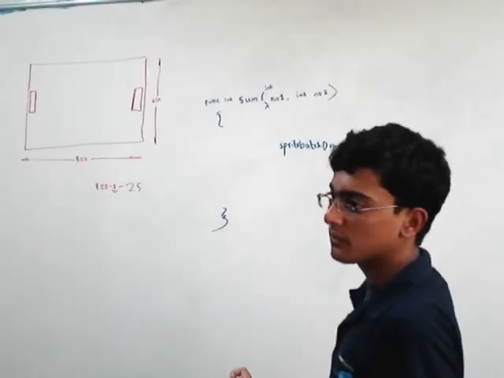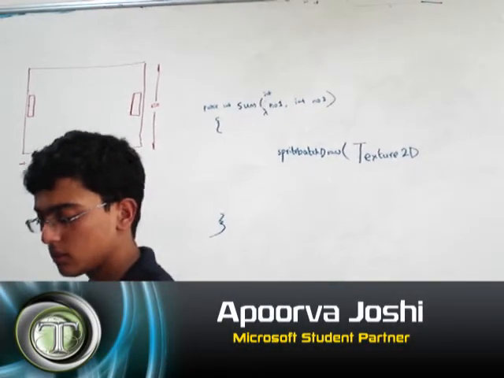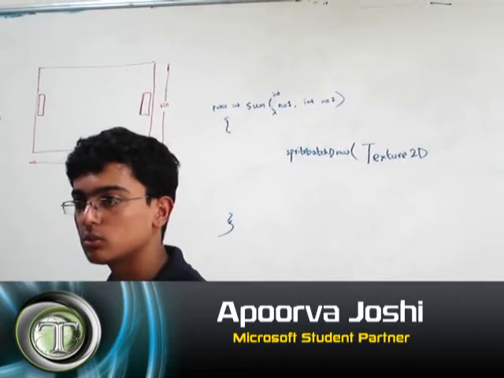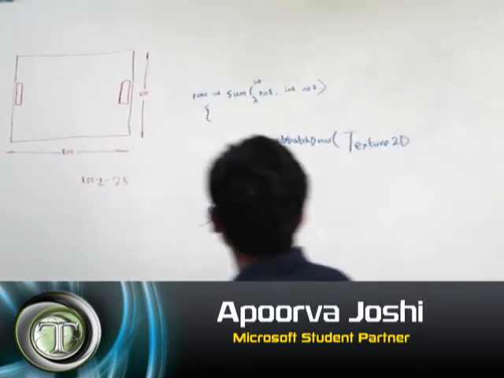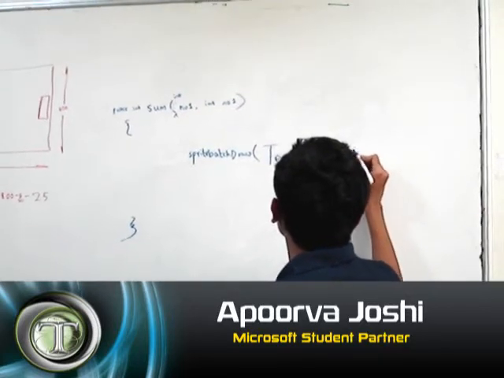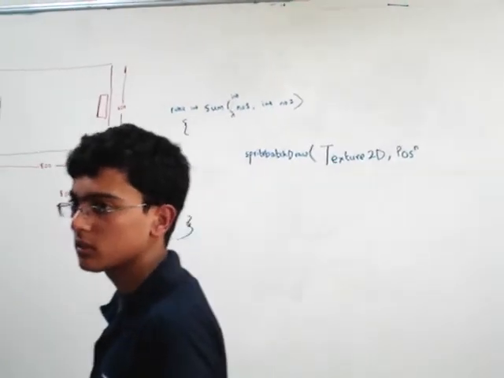What to draw. So I have told it in the first line, draw paddle1 texture. Then where to draw on the screen, on which coordinates. So next is Vector2 position. Where to draw this object.